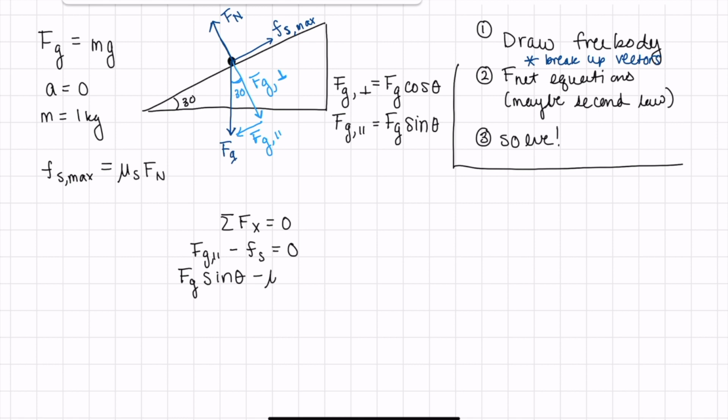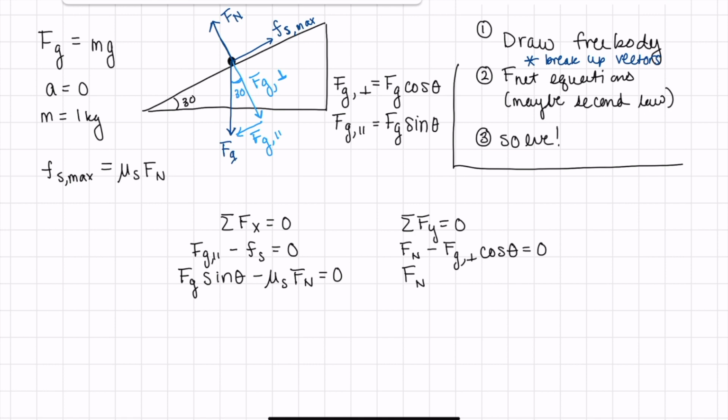So then we can put in mu s normal force there equals 0, but we don't know the normal force, so that's what we would get from the sum of the forces in the y. That's what I was trying to hint at in the first one. I'm going to go through these steps a little more quickly since I already did it in the previous example.